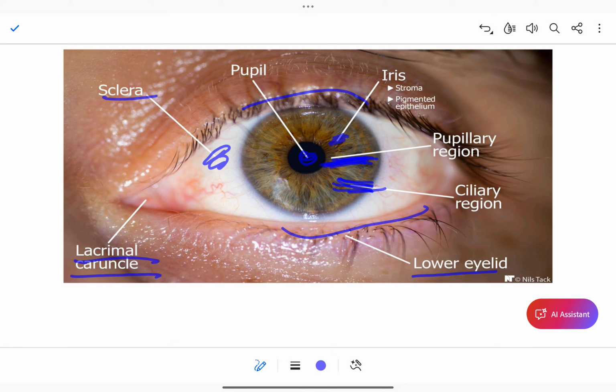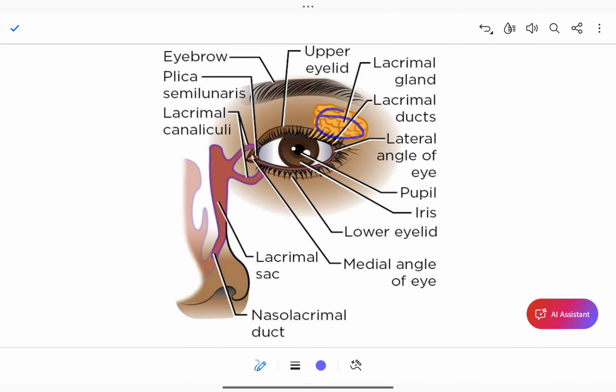These are the accessory structures of the eye. This is the lacrimal gland, lacrimal ducts, lateral angle of eye. This is lacrimal canaliculi, plica semilunaris, eyebrow, upper eyelid, lower eyelid.